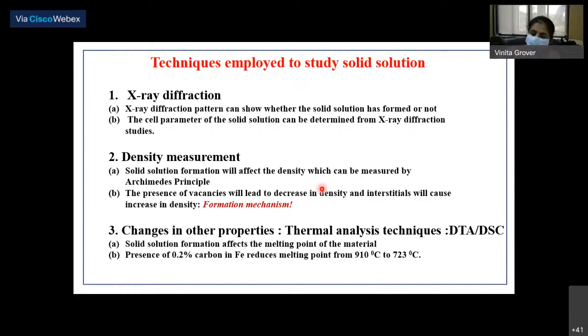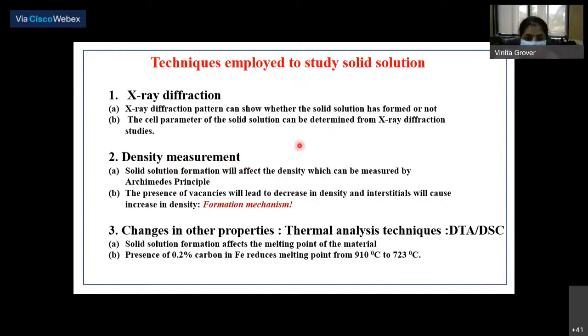If I'm creating vacancies in the material, ideally, if nothing else happens, it should lead to a decrease in the density of the material. And if interstitials are going in, or anion excess or cation excess solid solutions are forming, that should lead to an increase in density, given everything else is the same.